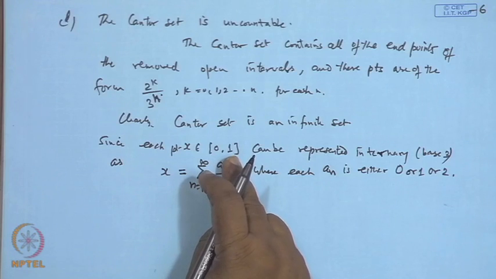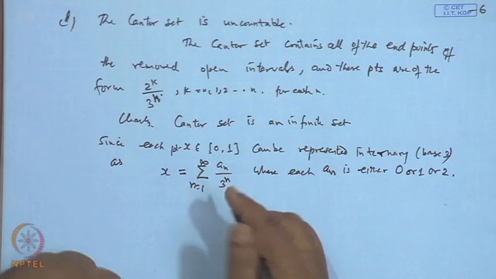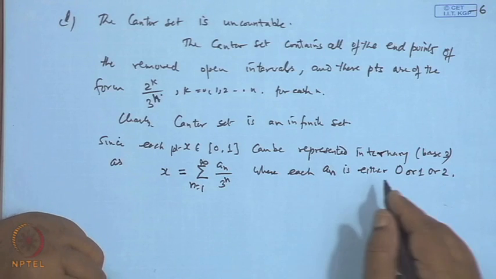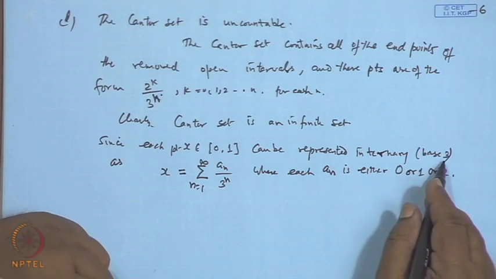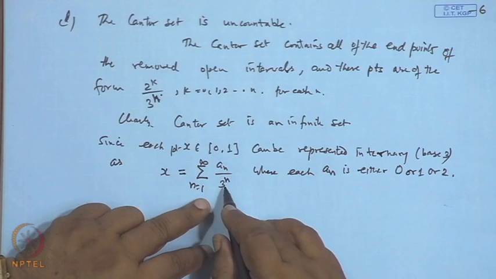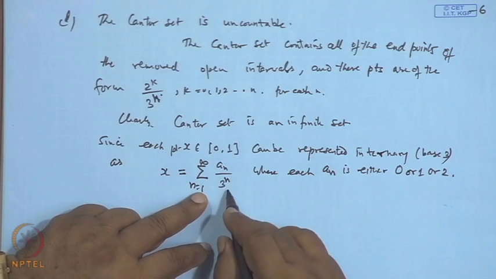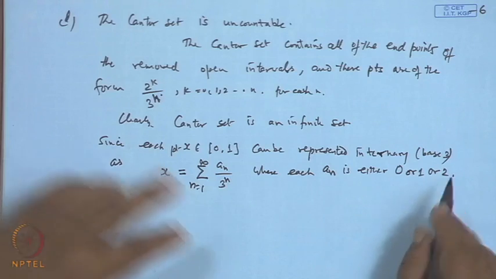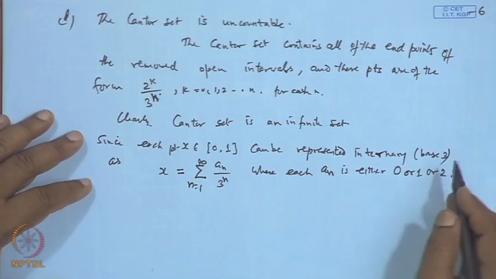Any real number in the closed interval 0 1, we can express in a decimal expansion, and in the ternary expansion with base 3 as well. So, we can write this as a_1 by 3, a_2 by 3 squared, and so on, where a_1, a_2, a_n may be 0, 1 or 2.